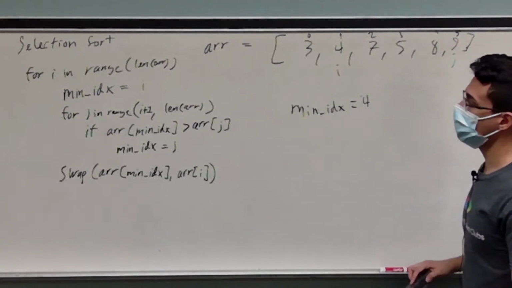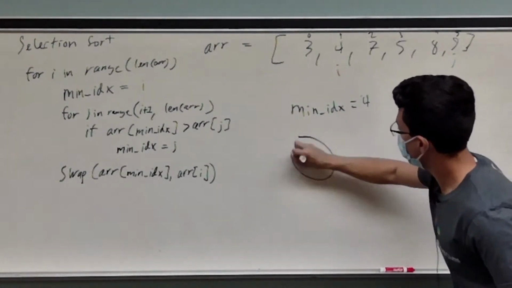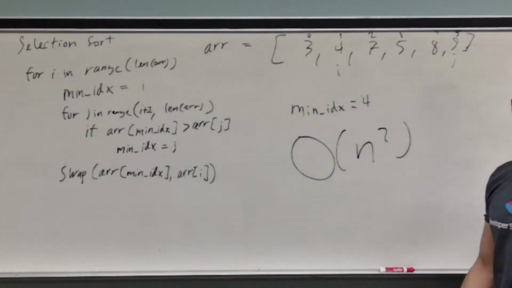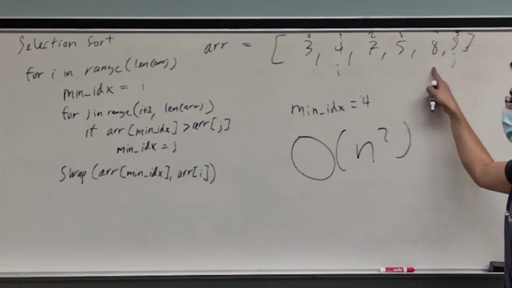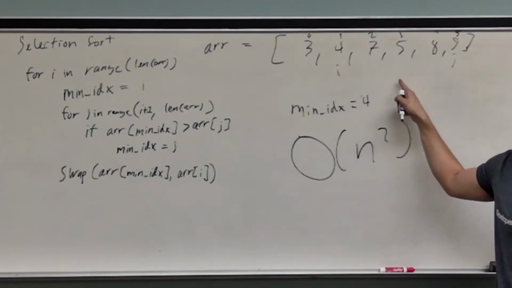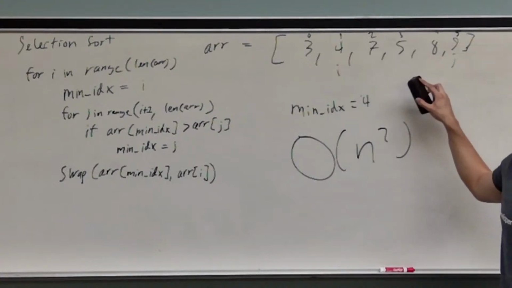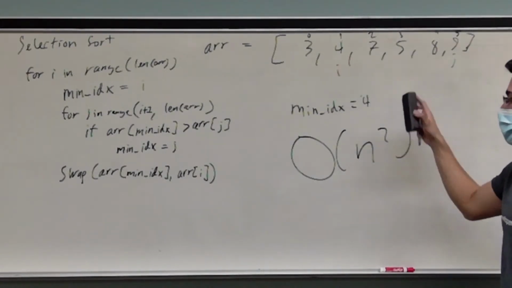So selection sort and bubble sort are both big O of n squared, right? So that means that depending on the size of the array, the runtime will be the square of that. So it'll be 25, no, this is 6, 36 for the size of this array.